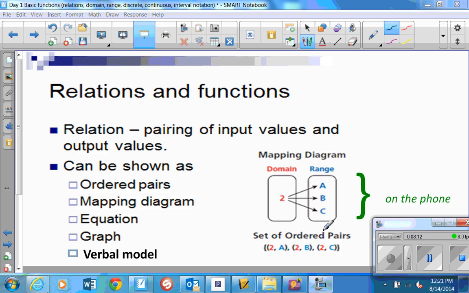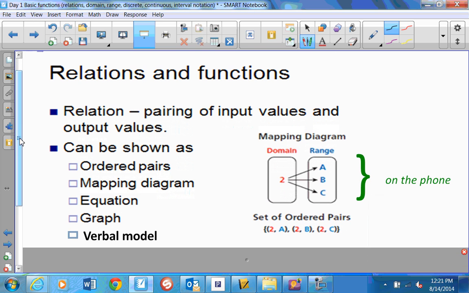So what's a relation, what's a function? A relation is any time you pair input values and output values.